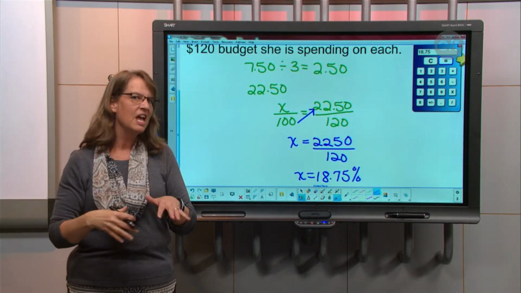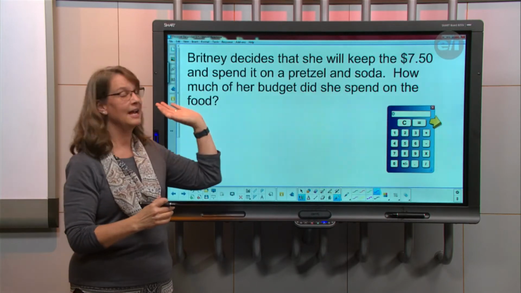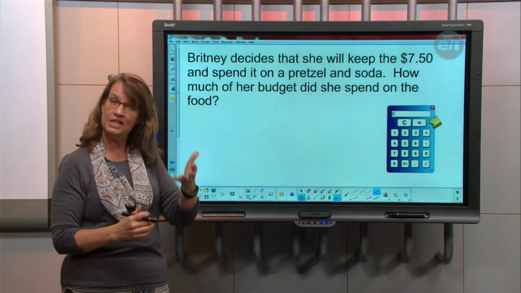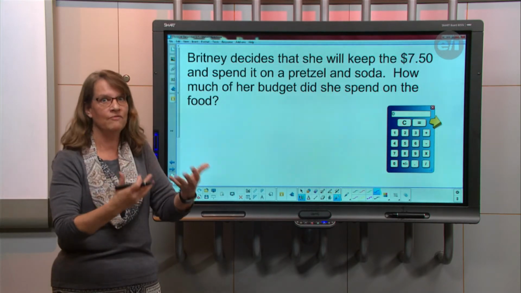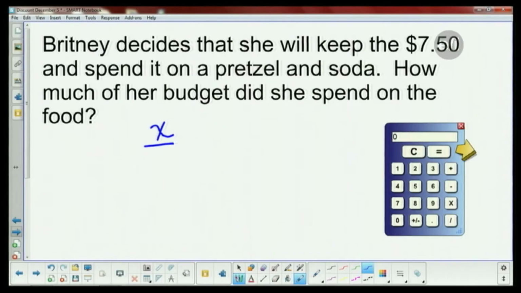But you know what? After all that thinking and everything, Brittany's gotten hungry. She's decided she's going to just spend that $7.50 and buy herself a pretzel and a soda. So she now needs to figure out how much of the budget she's spending on herself. So we're going to do x over 100 and we have $7.50 over 120.